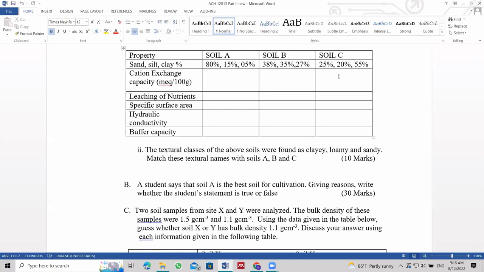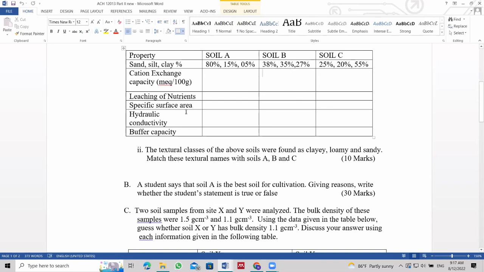The loamy soil is better for cultivation because the air holding capacity is high in the loamy soil, so the air can reach the roots easily. No, you have to answer only based on these data. So maybe cation exchange capacity is high in C, leaching of nutrients is low, but in all the aspects, soil B is medium.